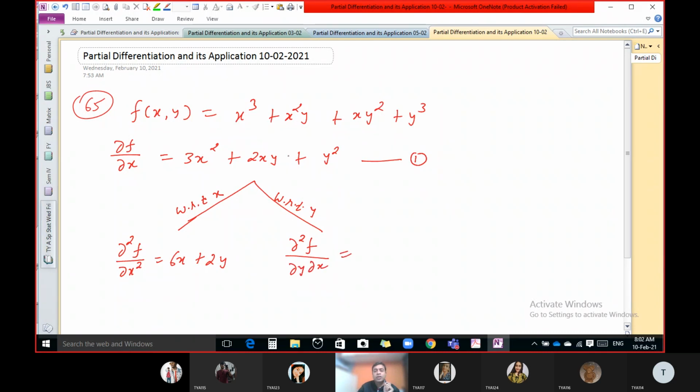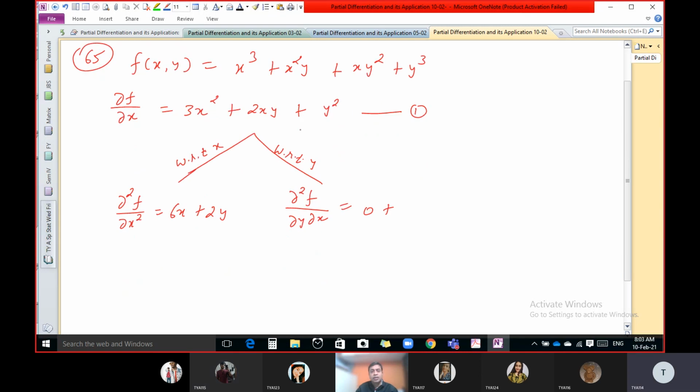So take equation 1 and differentiate it with respect to y, keeping x constant. What is the derivative of 3x square with respect to y? x is a constant, so it becomes 0. Then 2xy with respect to y gives 2x into 1, which is 2x, plus y square gives 2y.